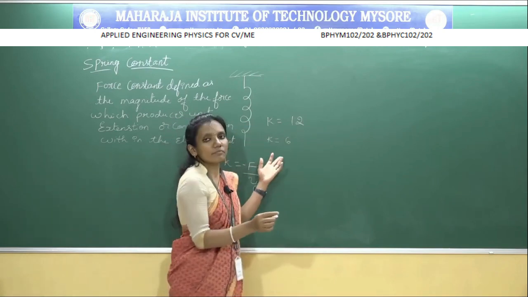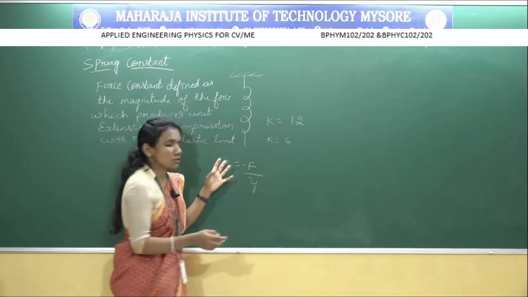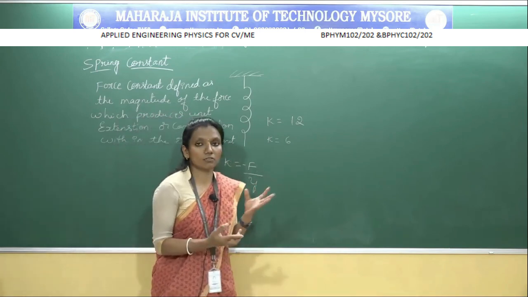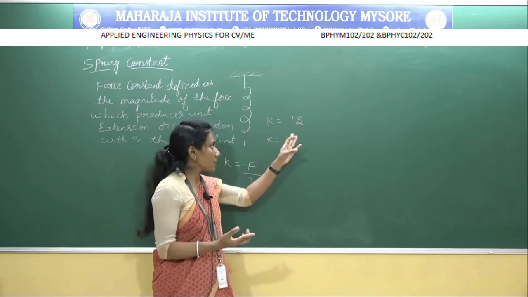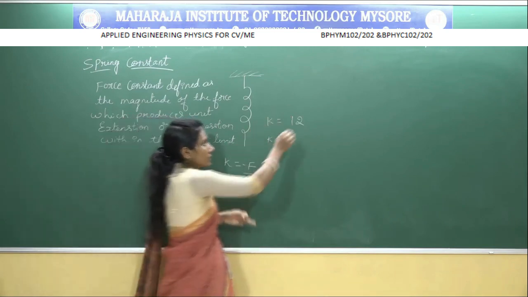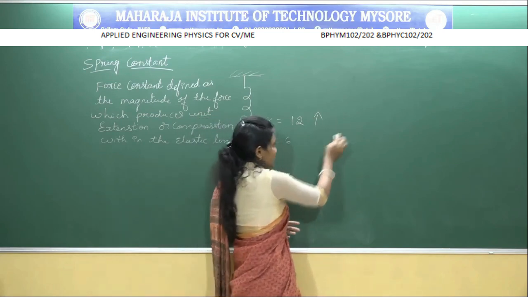Suppose it is 6, then it is less stiff. We observe this in vehicles, in how the spring constant varies between a car and a bike. So a larger spring constant value means the spring is stiffer.